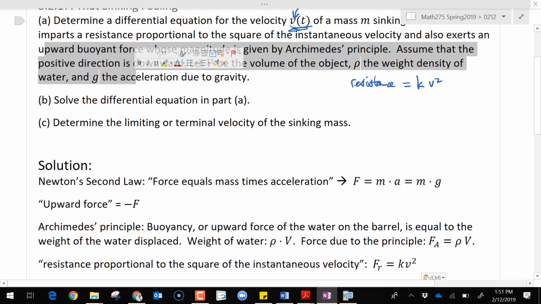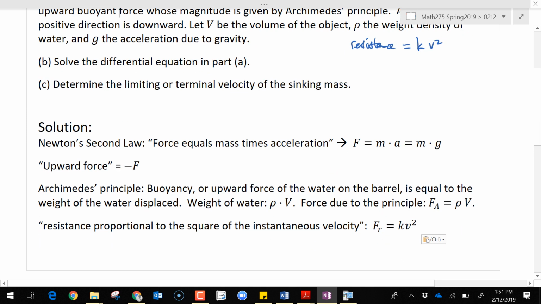Since they want us to have positive going down, the upward force is actually negative. So the weight of the displaced water. And the weight of the displaced water is the density times the volume, right? So that's rho times V. And we have to use capital V to distinguish from little v for velocity.